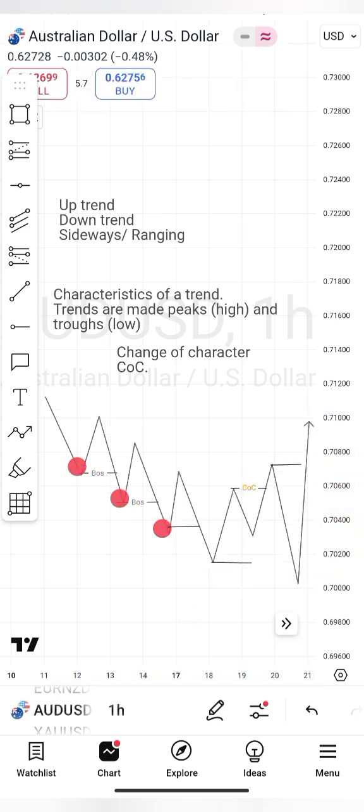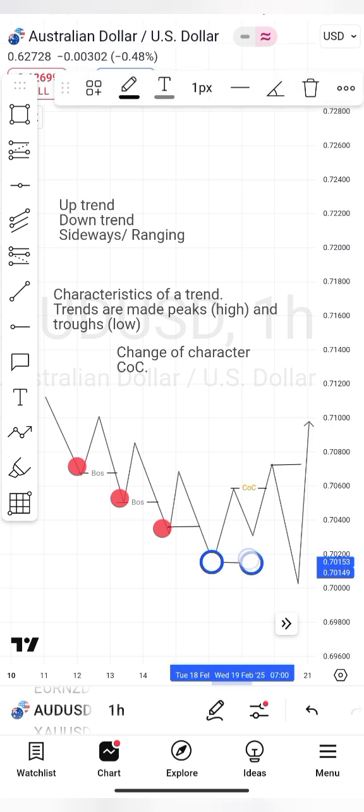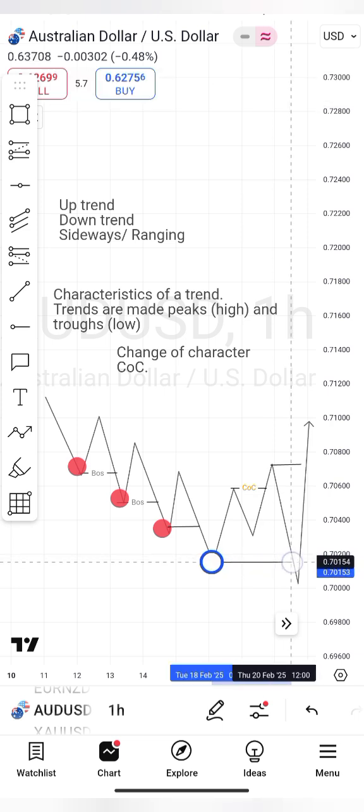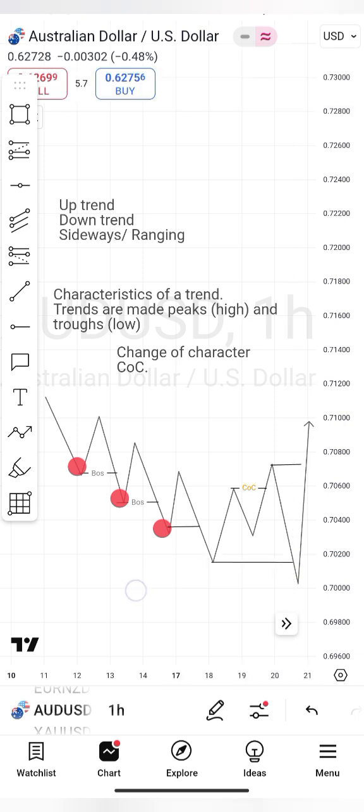It happens. The market might give you a change of character and then comes back here, and you see people become confused. They ask themselves, but the market is not supposed to do it. There are a few things: the market does what it wants. So that's why you have to be careful when you are studying. The market does anything it wants.